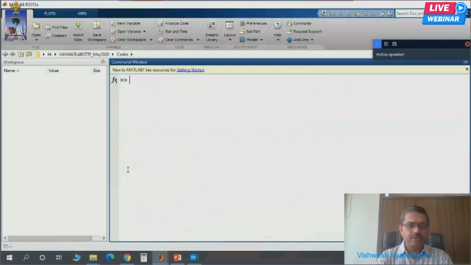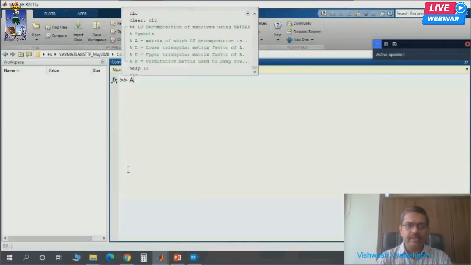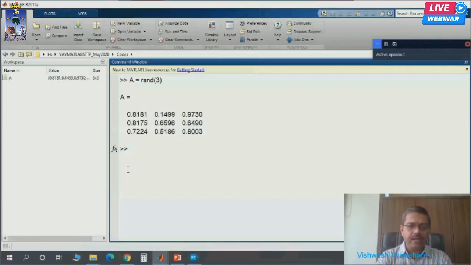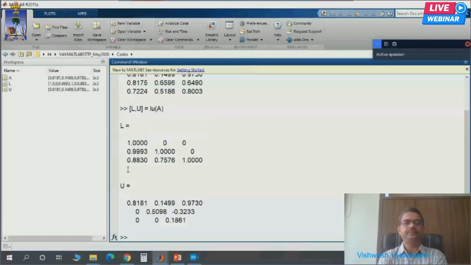So A is equal to rand 3 and L comma U is equal to LU of A. It has given me a lower triangular matrix and an upper triangular matrix, and this is the LU decomposition of your matrix A.